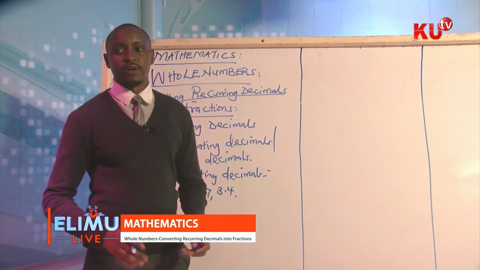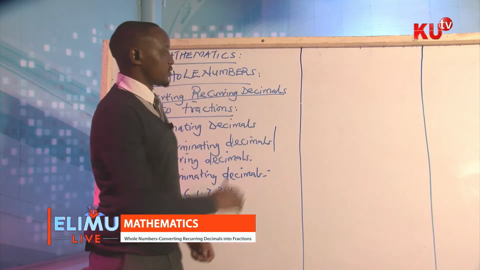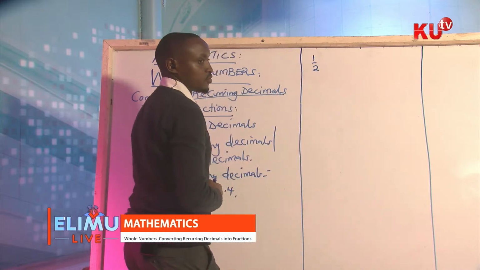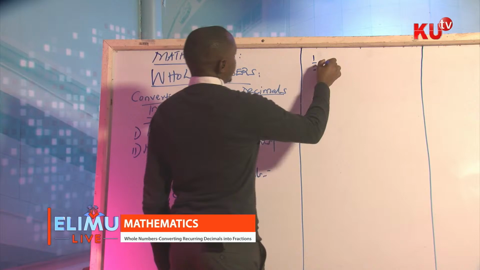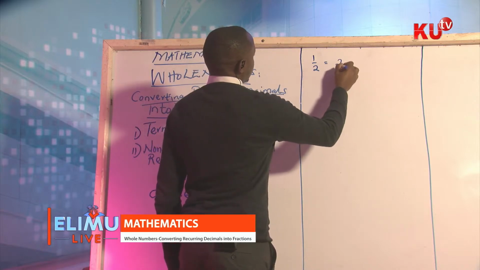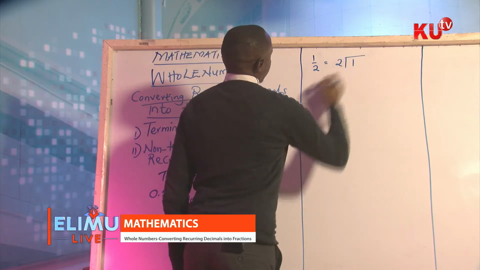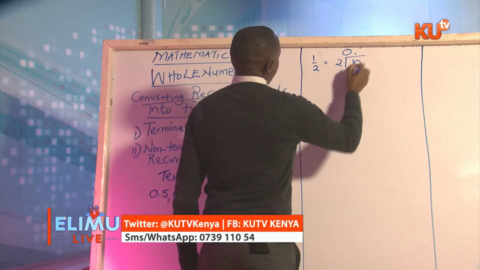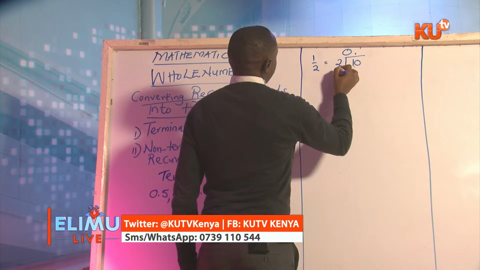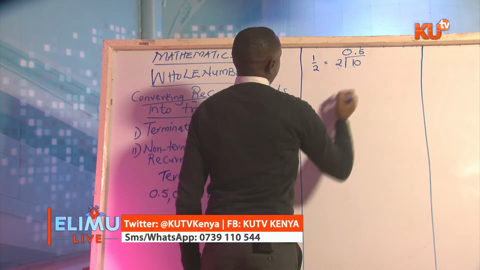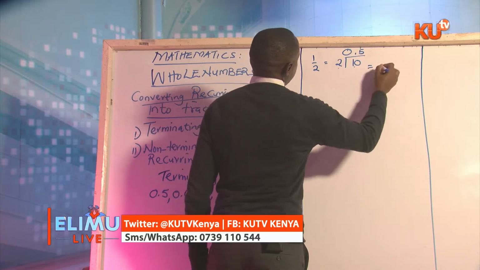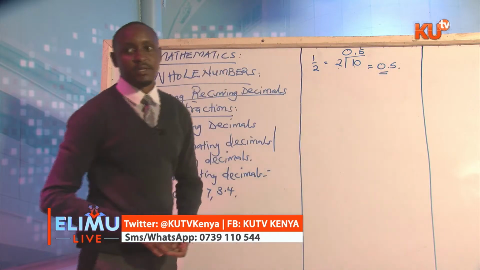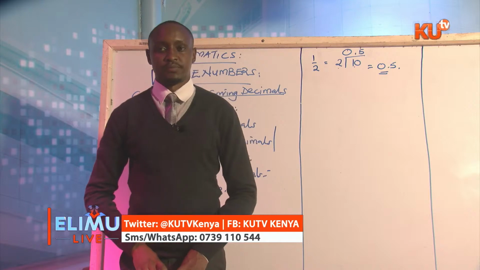For example, if you take a number like half and convert half to a decimal, this means it is 1 divided by 2, which is not possible. So you add 0 here, and then 10 divided by 2 will be 5. Therefore, half as a decimal is 0.5, and this is an example of a terminating decimal.